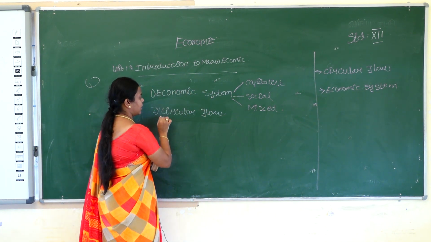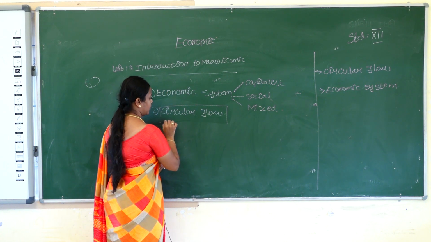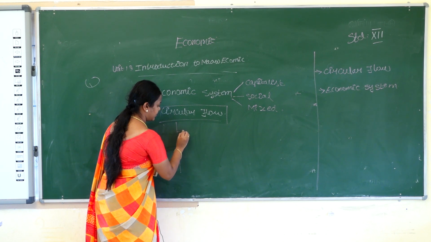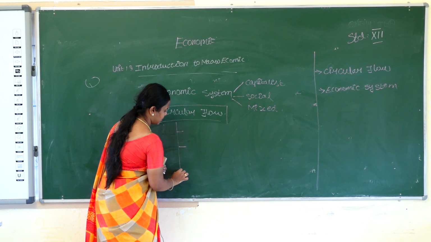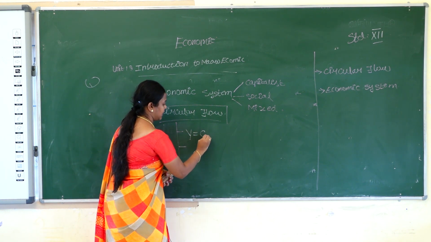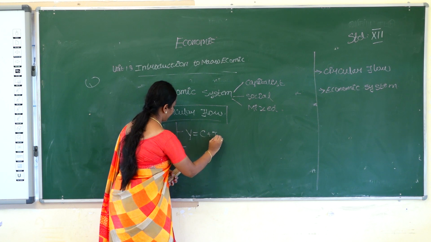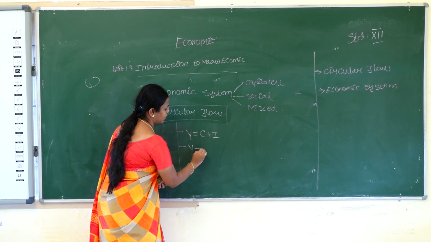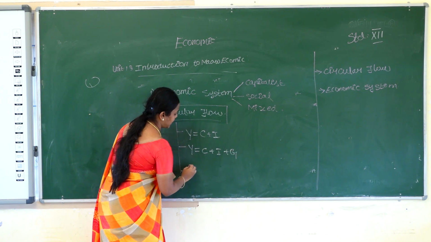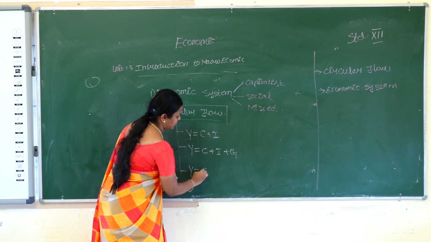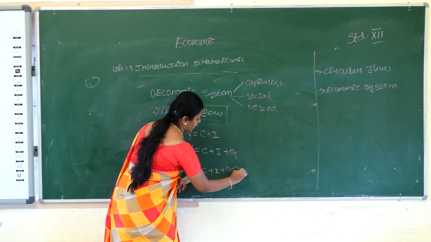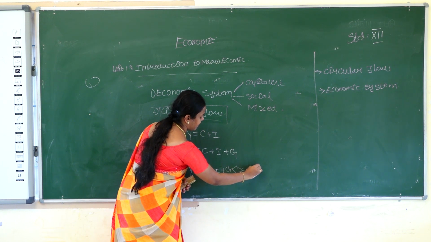Now we are going to see circular flow. It has been divided into 3 categories. They are: y is equal to C plus I, then y is equal to C plus I plus G, and the third case is y is equal to C plus I plus G plus x minus m.